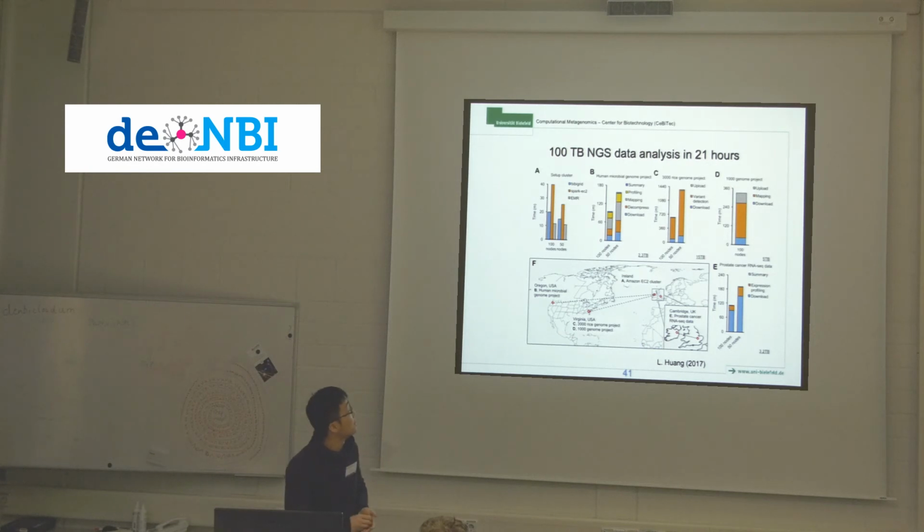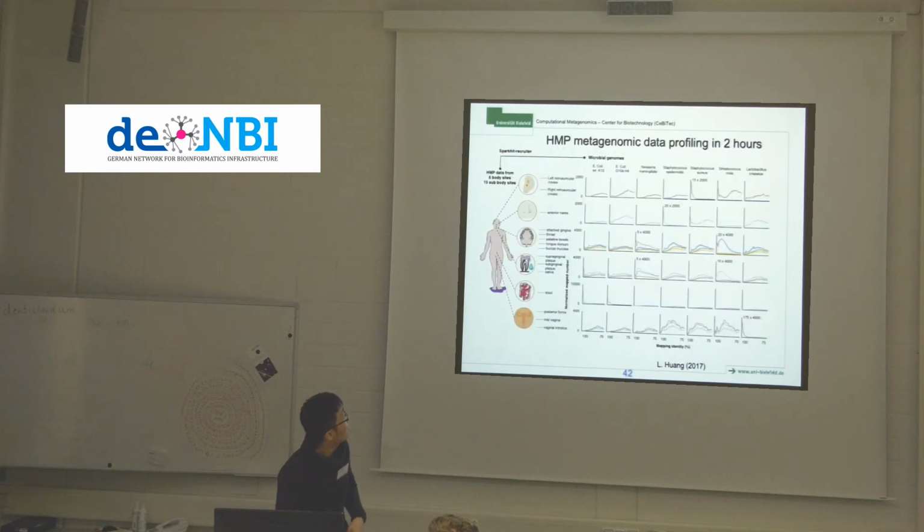And then we delete the data, download all the 10,000 genome project, which are FASTQ files, and we use BWA to map them to the reference genome. And so on and so forth. So in total, it took about 21 hours.